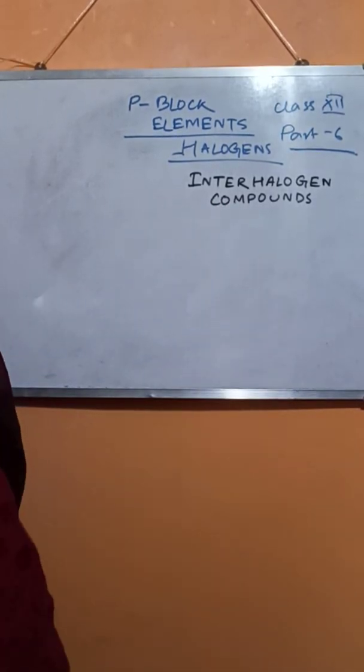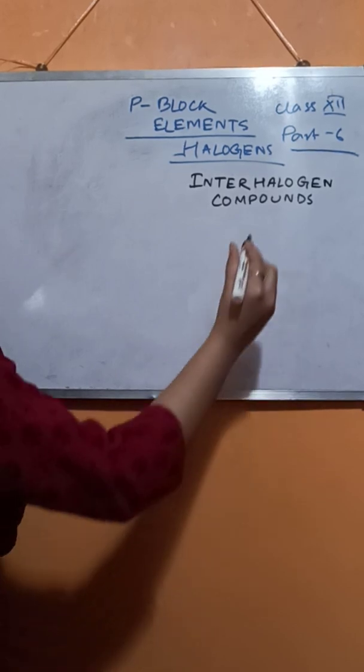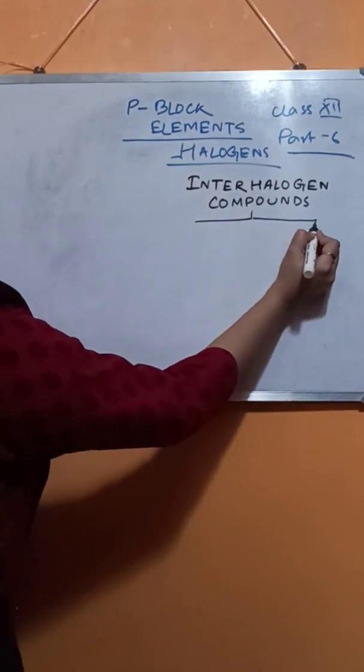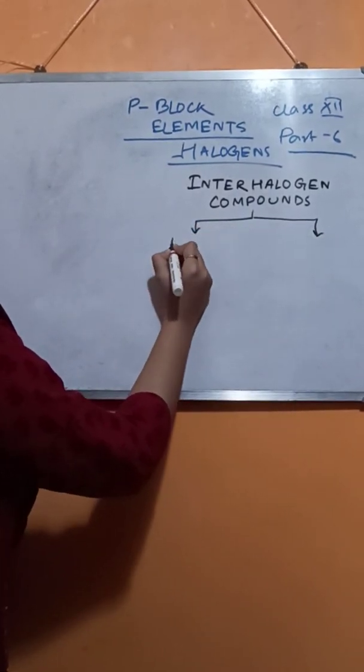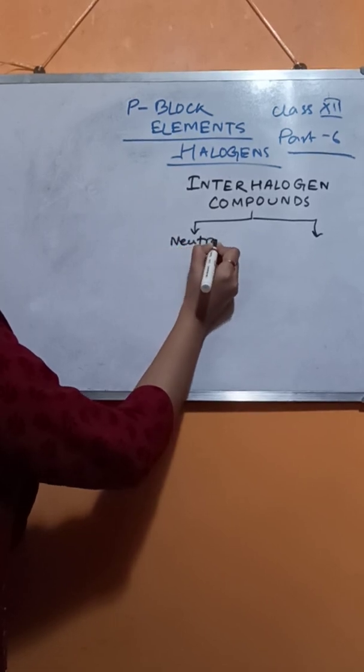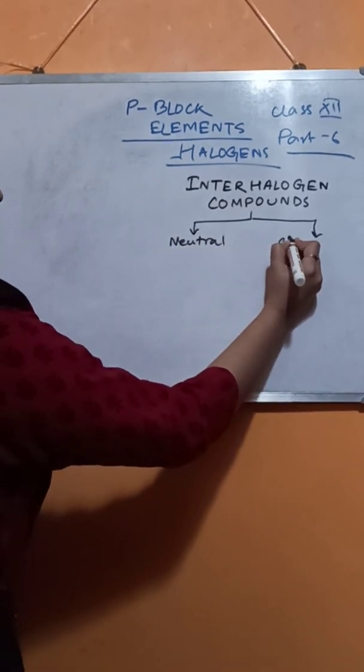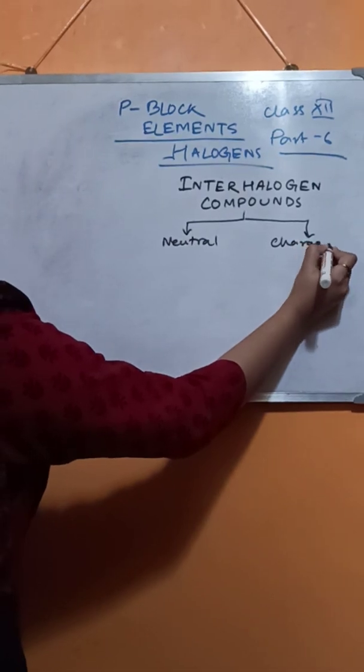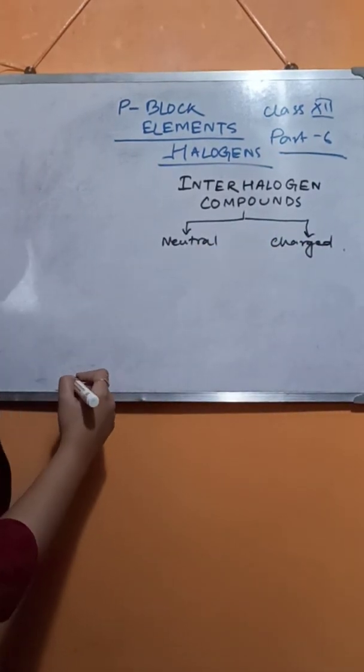Interhalogen compounds are of two types. Neutral and charged.